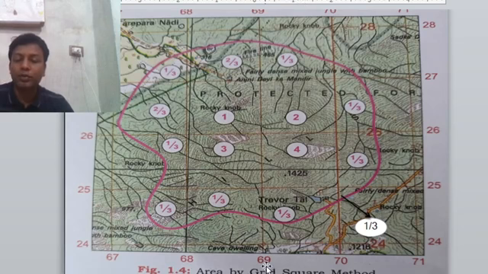We have to decide, counting from here 69 and then 1 2 3 4 5 6 7 8 9 10, like that 10. So this is almost 9. If you have a ruler you can easily find it out.